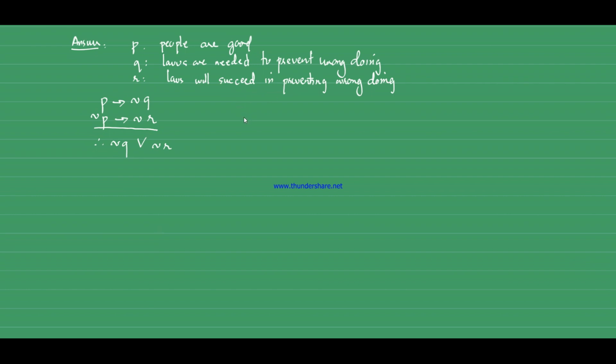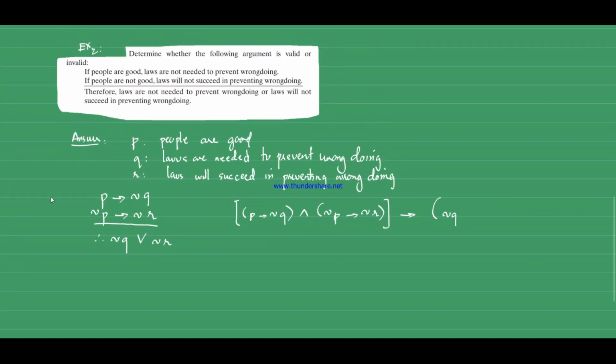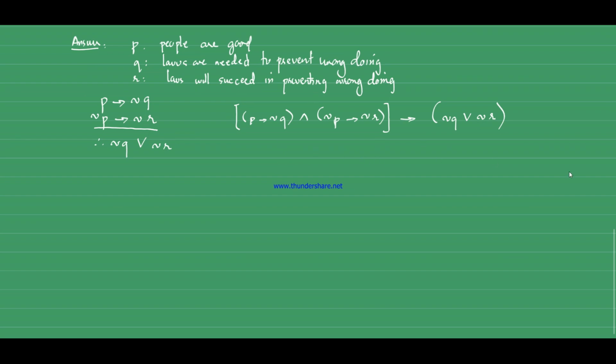Okay, let's create the conditional statement for this argument. So we're going to have P imply negation of Q, intersect negation of P imply negation of R, and everything imply negation of Q union, or, negation of R. Okay, so we have to put everything over here.